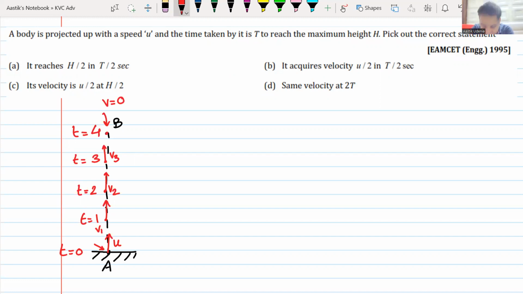It has taken 4 seconds to go up, my dear friends. It will take 4 seconds to come down. Time taken to go up is the same as time taken to come down.